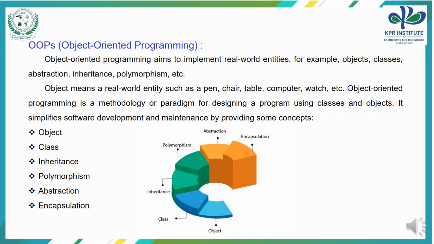Because the methods declared in class A and class B may be the same. For example, we may have a method called void display in both class A and class B. Suppose class C extends A, B, and it tries to call the method void display, the compiler gets confused about which method needs to be executed in the child class.